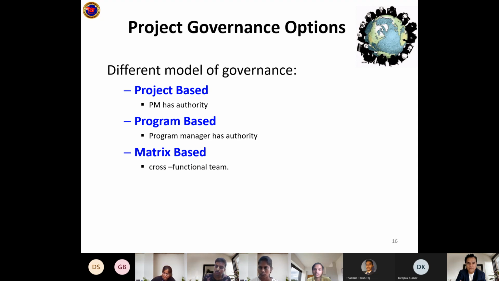The control will be with Jyoti, because he wants not only to deliver the project, but also to control the project. So the reason for control is the reason for choosing the project-based governance model.